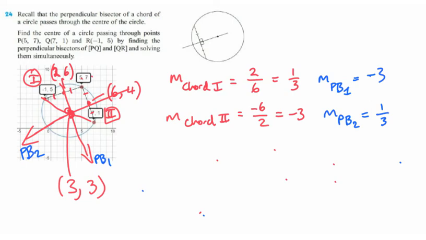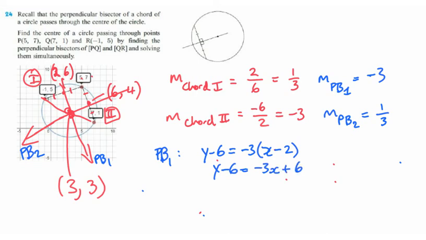We know a point on each line, we know the gradient, so we can have the equation of PB1, perpendicular bisector 1, is going to be given by y minus 6, remember y minus y1 equals the gradient, -3, times x minus x1, which is 2. Let's make that look a little bit nicer. Y minus 6 equals -3x plus 6. When I add 6 to each side, I get y equals -3x plus 12.